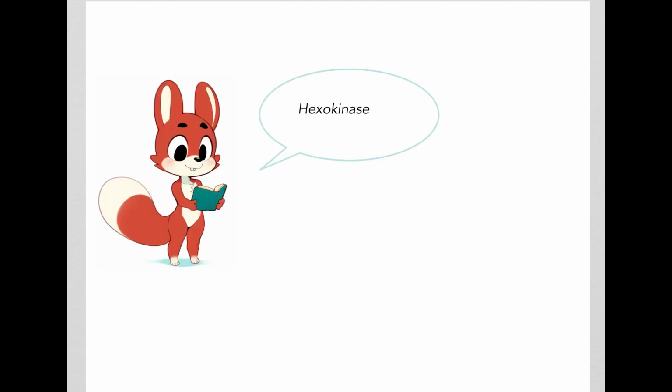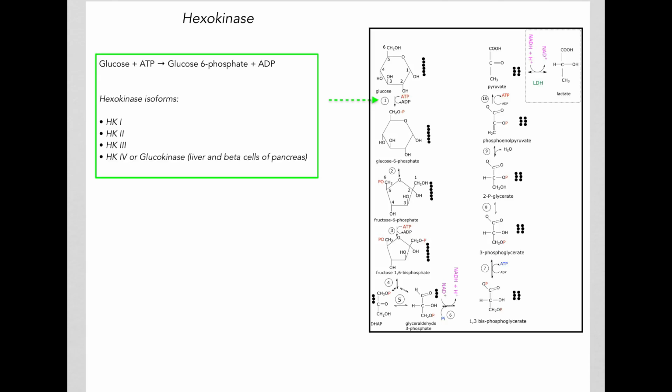And finally, let's look at hexokinase. So we looked at phosphofructokinase, which catalyzes this irreversible step, number 3. Pyruvate kinase, which catalyzes this irreversible step, number 10.